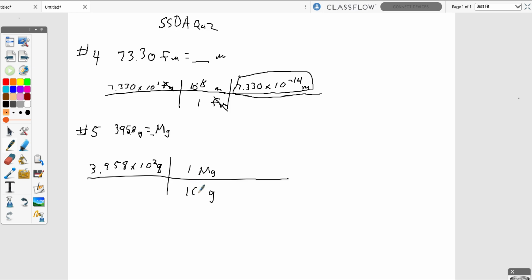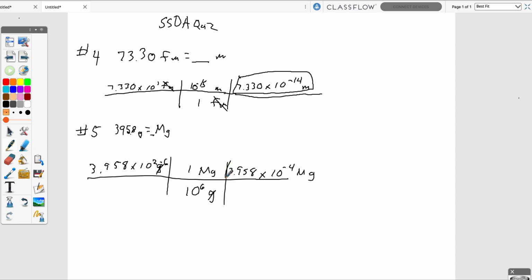Is 10 to the 6. Okay. So what we're going to do is we're going to cross out grams here. All right. We're going to bring this guy up. So when we divide, we just bring this up and subtract 6. Okay. What we're going to end up with is 3.958 times 10, and remember we brought that up to the negative 4, and what's left? Megagrams.